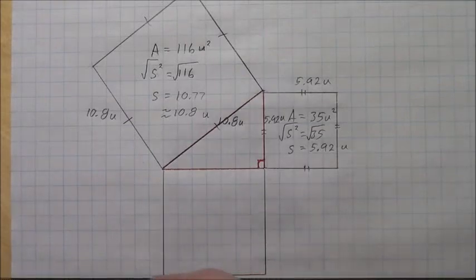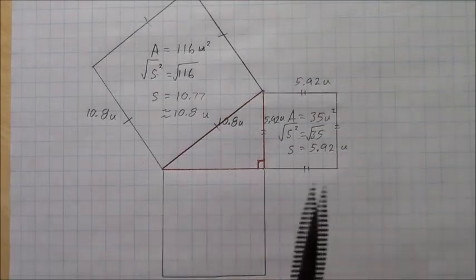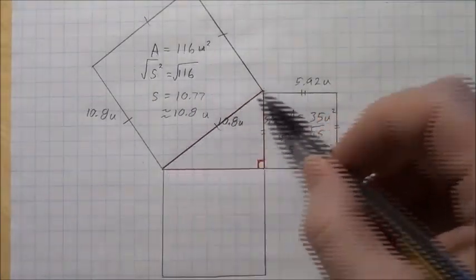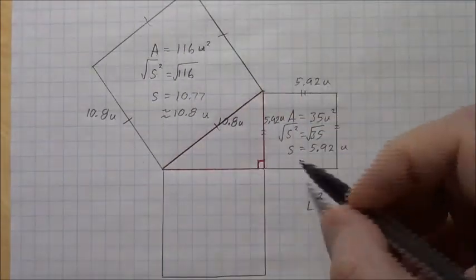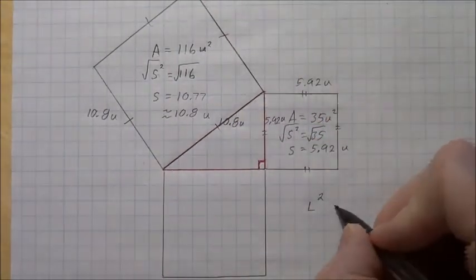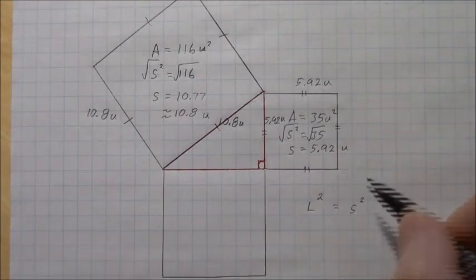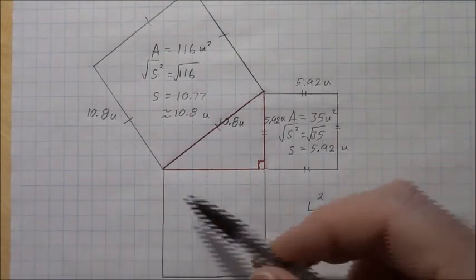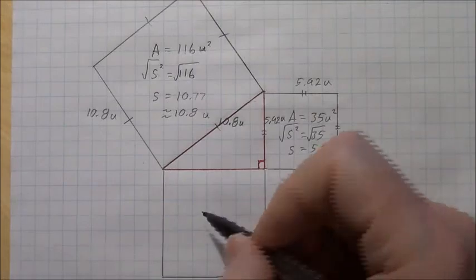And so these are just squares, they're representing different lengths, but we know from the Pythagorean Theorem, and I've used this before, that the hypotenuse is the longest side, and that the area of the square whose side length is the length of the hypotenuse is equal to the area of the square off the shorter side of the triangle plus the area of the square off the medium side.